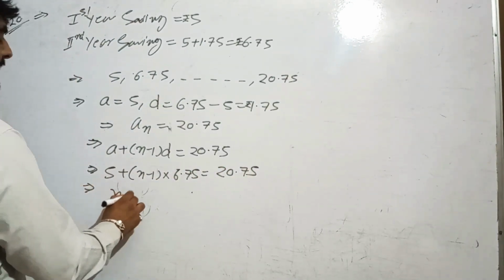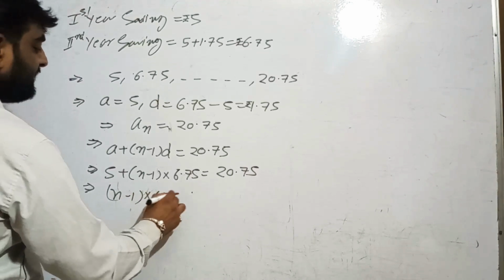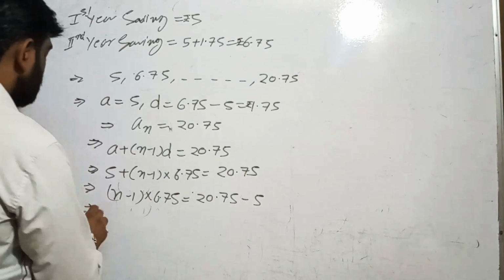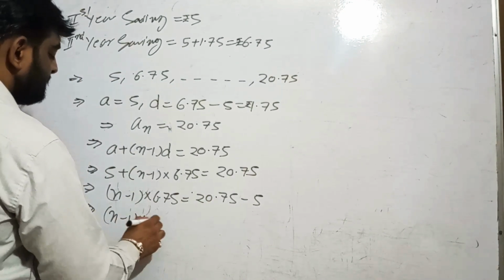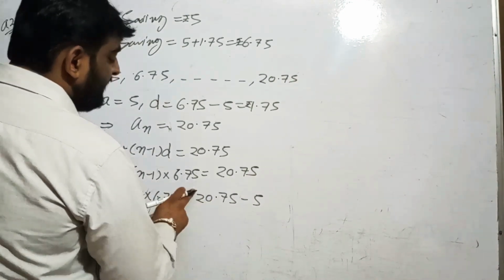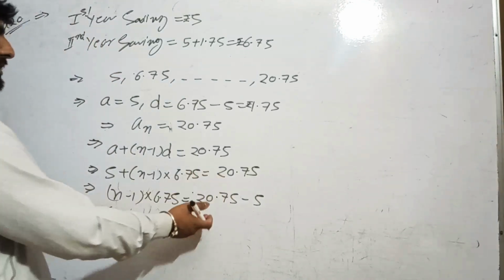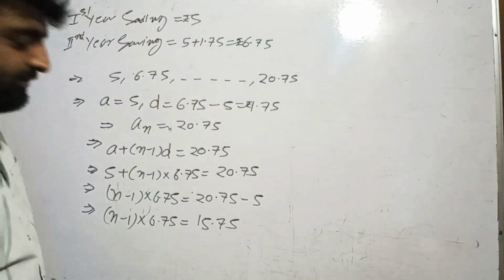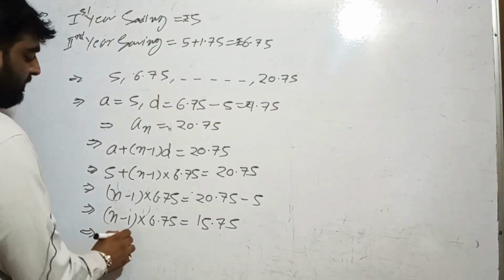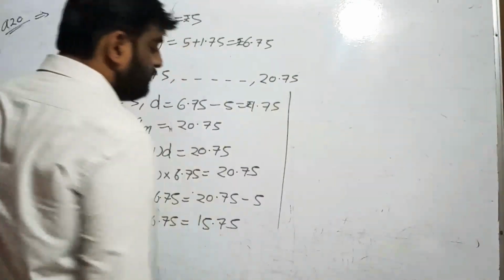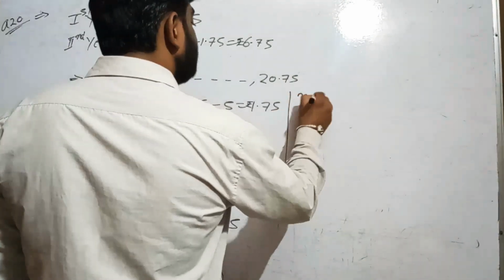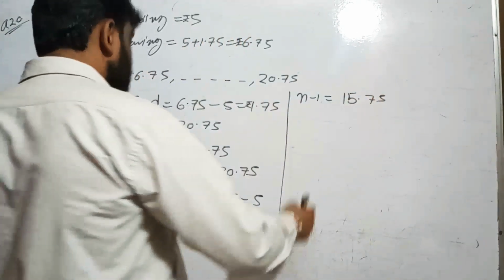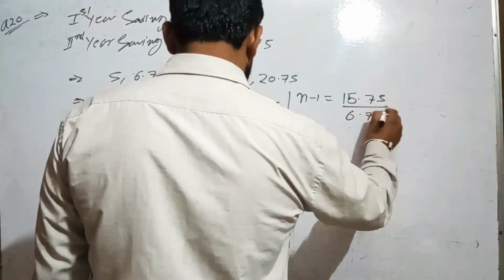Now n minus 1 into 6.75 equals 20.75 minus 5. So if we subtract 5 from 20.75, we obtain 15.75, students. So n minus 1 equals 15.75 upon 6.75.